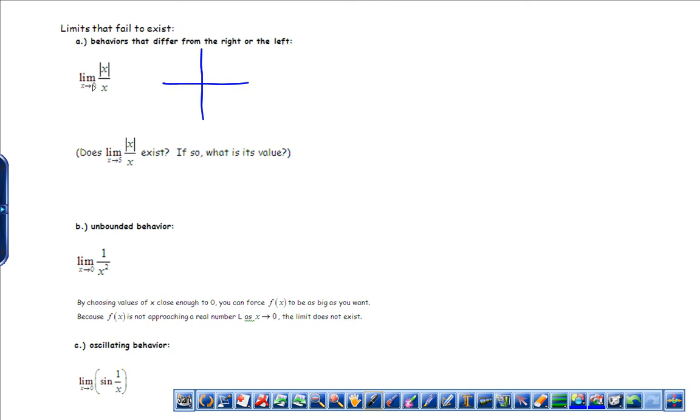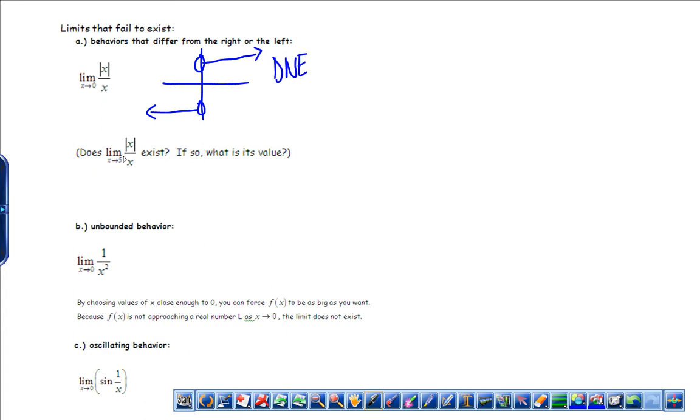If I wanted to know as x approaches 0, this is absolute value, so I could say absolute value going from that way and from this way. My limit would not exist because it is going to 2 different places. Remember, your limit cannot be a positive and a negative there. So this would not exist.